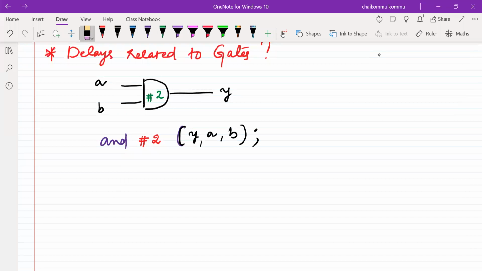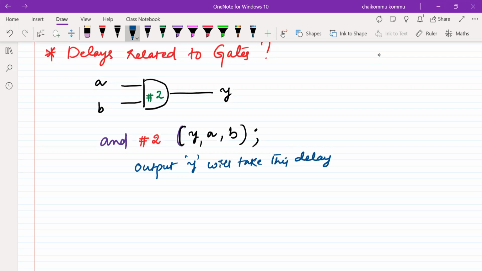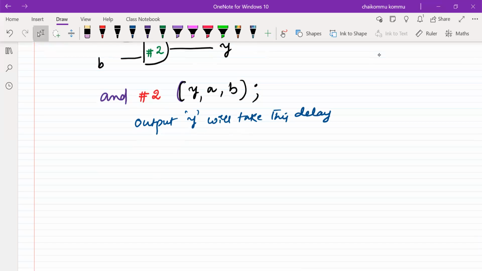So this is how we can introduce a gate delay for an AND gate. That means the output y will take this delay. That's the first important point you should remember.